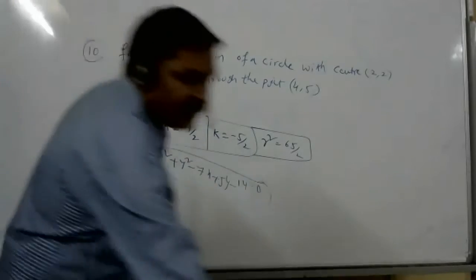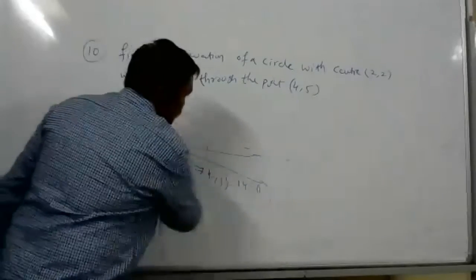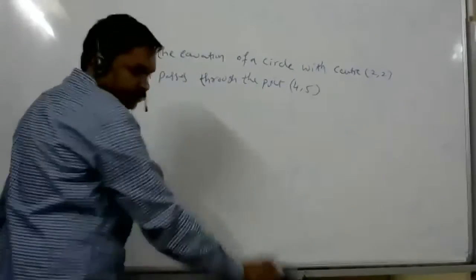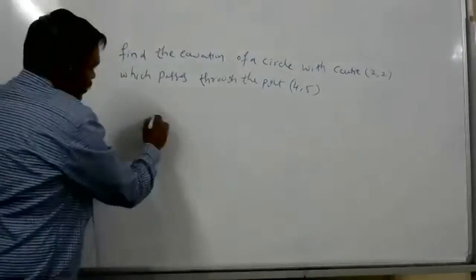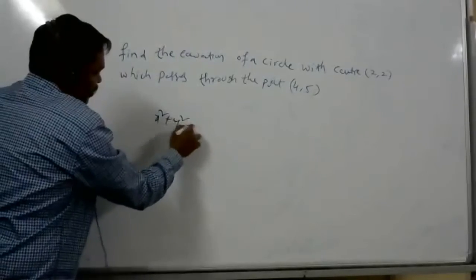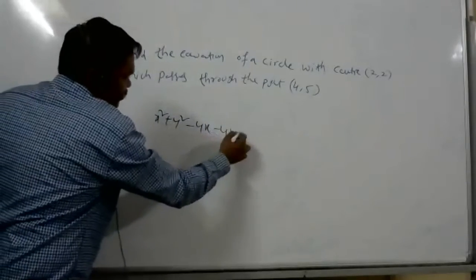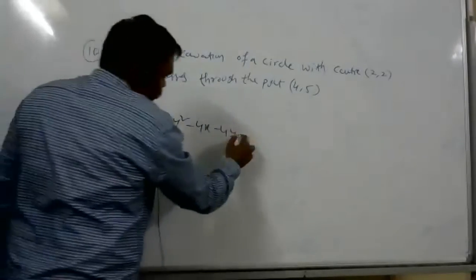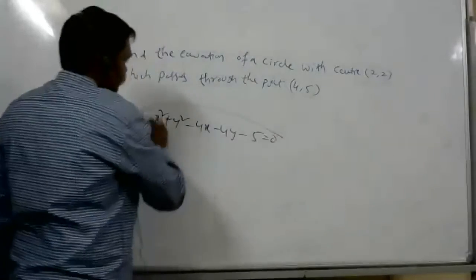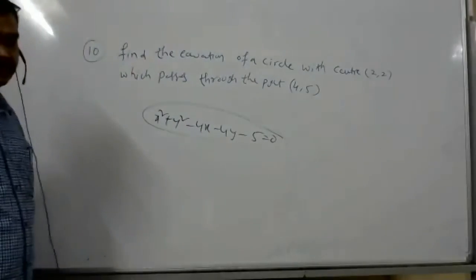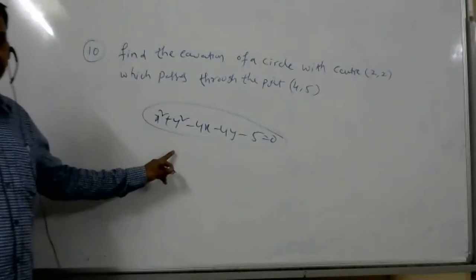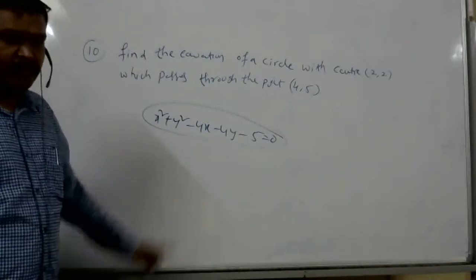Done, sir. Done? X square plus y square minus 4x minus 4y minus 5 is equal to 0. Correct? Nagabhushan? Yes, sir.